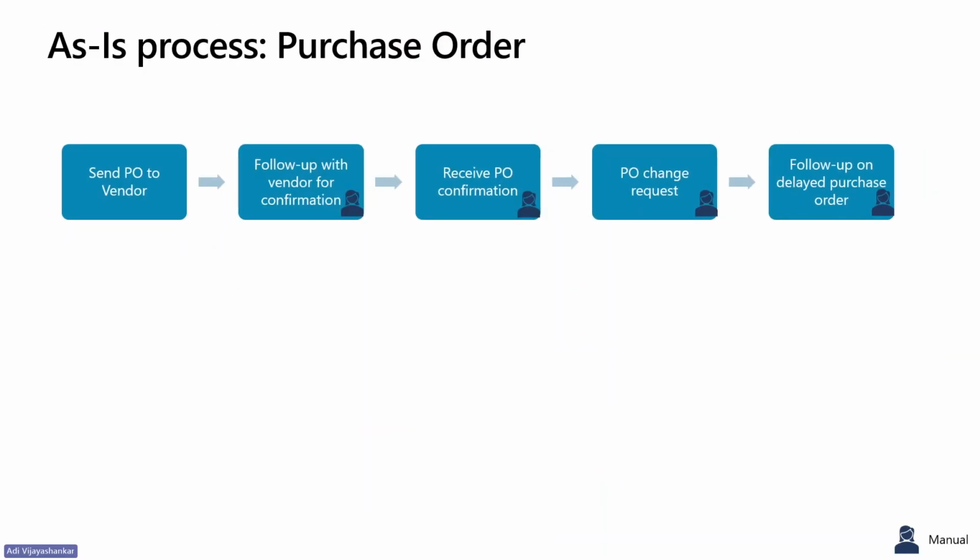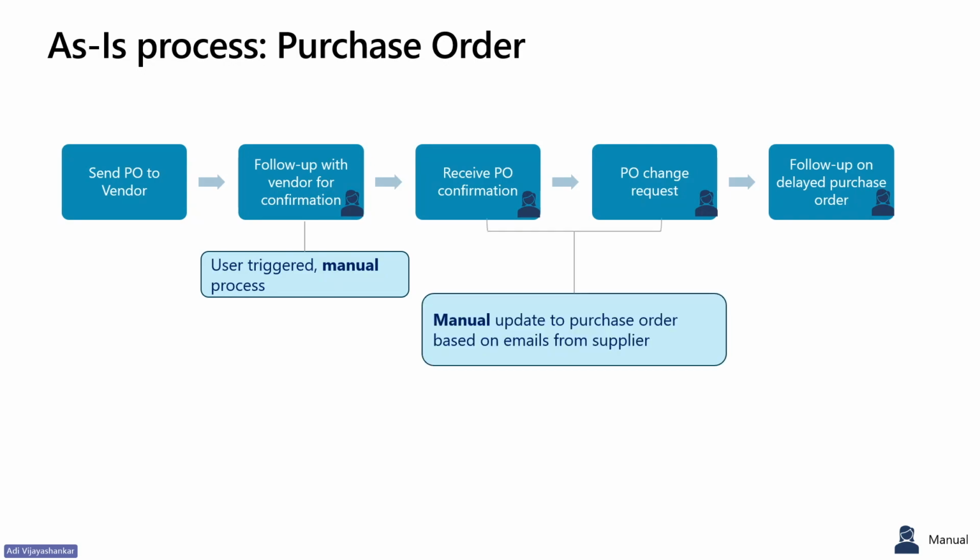So let's look at the as-is process of purchase order. The purchase order is created in D365 and then sent to the vendor. The procurement personnel spend a considerable amount of time following up with the vendor for confirmation. When a response is received, whether it's a confirmation or a change request to the purchase order, it must be manually reviewed and the purchase order is updated accordingly.